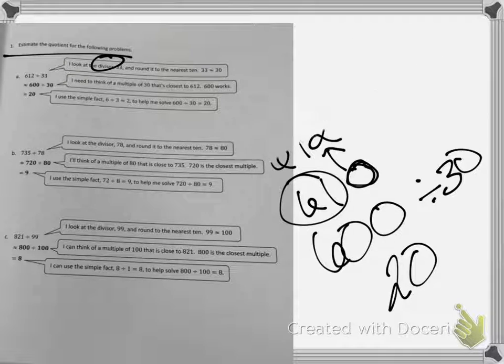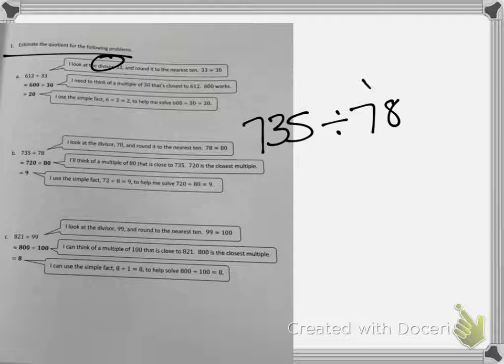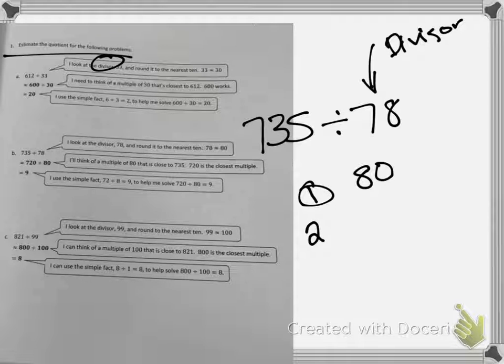Now, let's look over number 2 and see what number 2 does. So number 2 has 735 as the dividend divided by 78, which is the divisor. So step 1 is round the divisor. So we're going to round 78 to 80. Step 2 says look at the dividend and find a multiple of 80 that is close to the dividend.